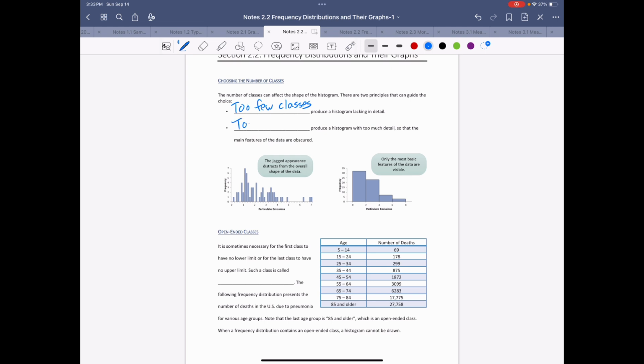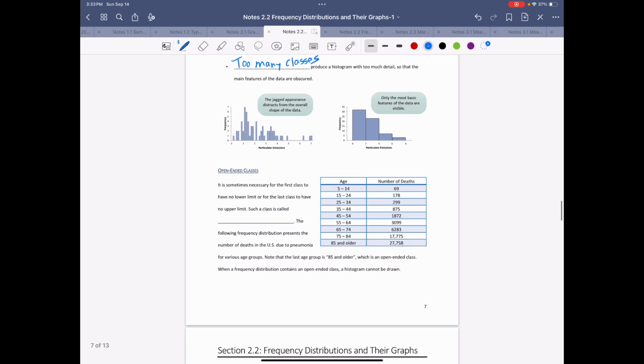Too many produce a histogram with too much detail. Like this is the same histogram that we just did. This one, I like what we did better. This one has too many. This one has too few. And in general, you use at least 5.